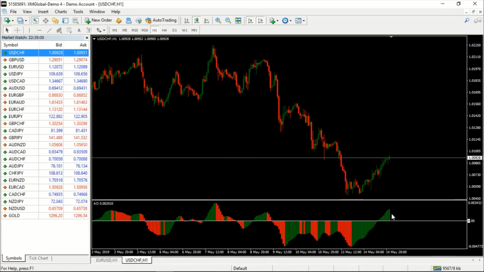Right, we are now above the zero line. So when that happens, we have to go to the previous crossover, or where the awesome oscillator crossed over from, which would be this whole area over here, where the awesome oscillator was below the zero line, right? And the one before that, where the awesome oscillator was above the zero line.